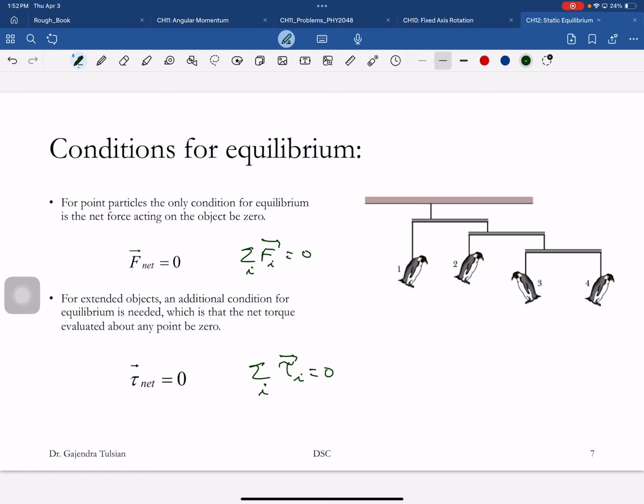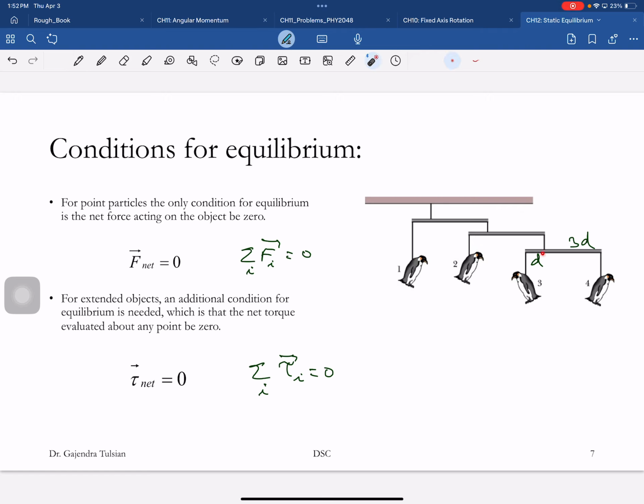In this diagram, this is a deliberately misleading picture. Are all these penguins of equal weight? Let's say this is D and this is 3D, the distance from the point of suspension.